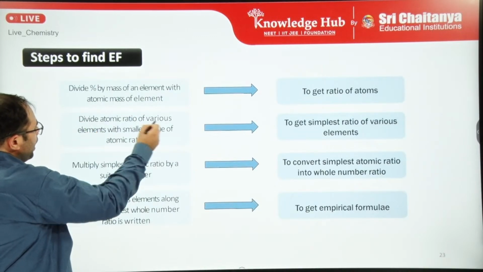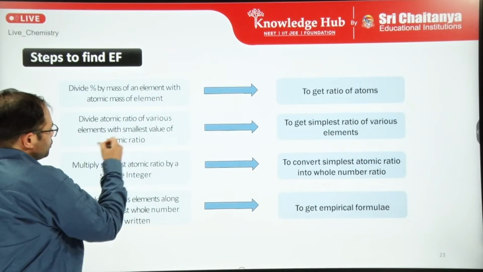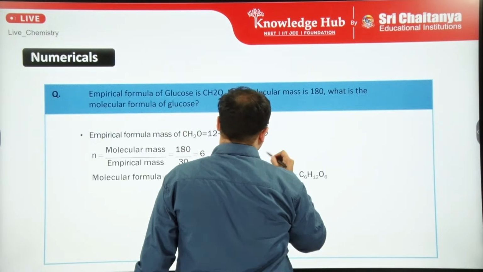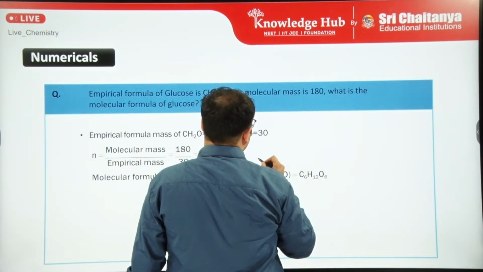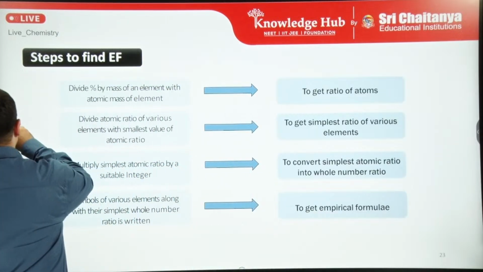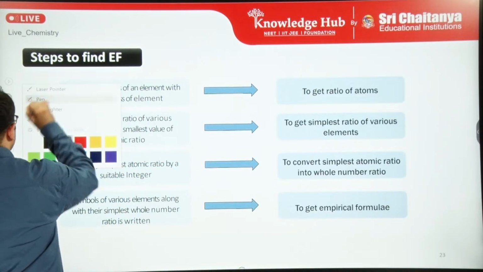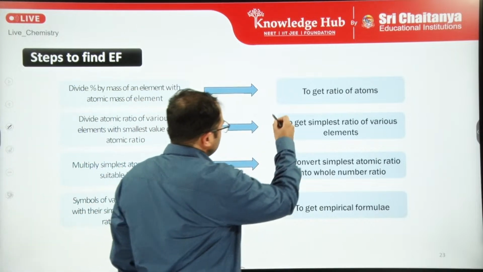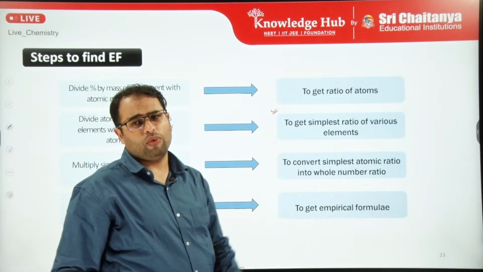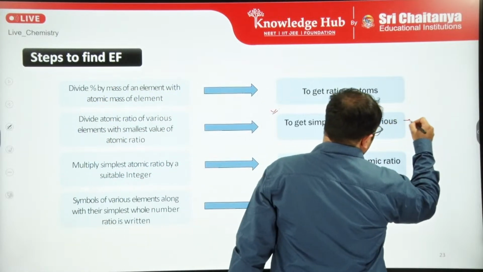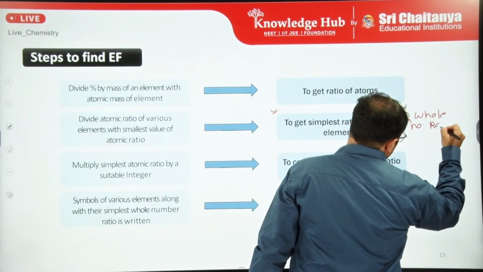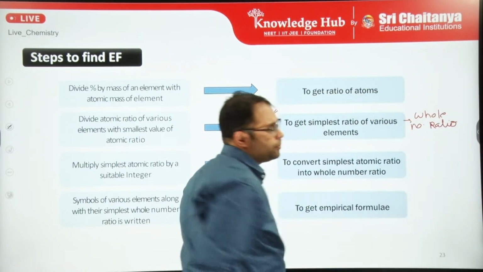Divide the atomic ratio of the various elements by the smallest value of atomic ratio, we did that, and we get this. After this, we move to the empirical formula because at this point we got the whole number ratio, right?